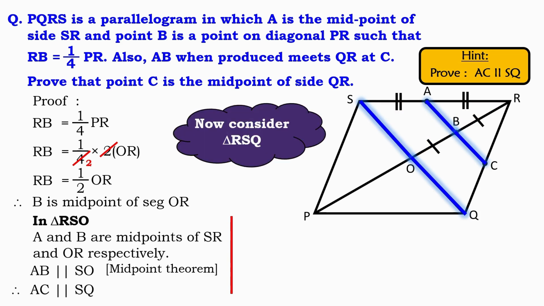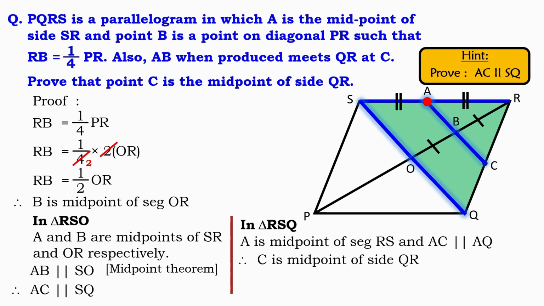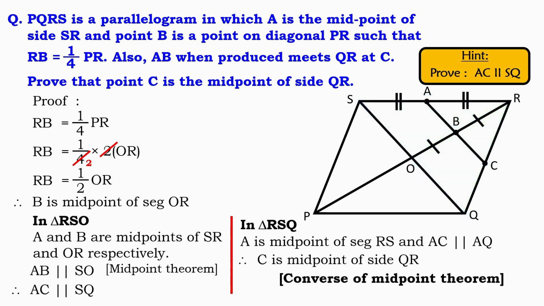Now consider triangle RSQ. In triangle RSQ, A is the midpoint of segment RS and AC is parallel to SQ. So hence we can say that C is the midpoint of side QR by using the converse of the midpoint theorem. Clear?